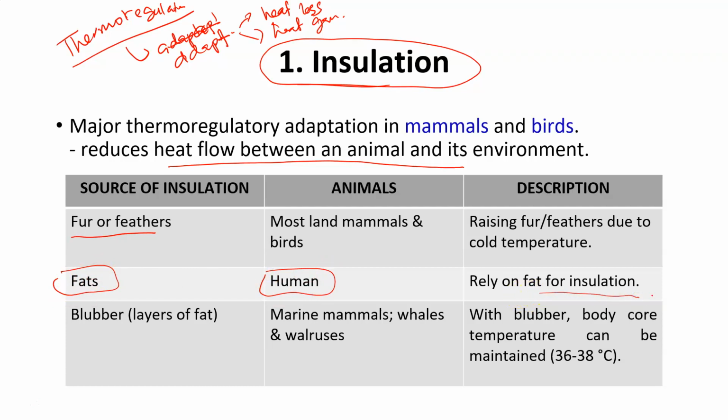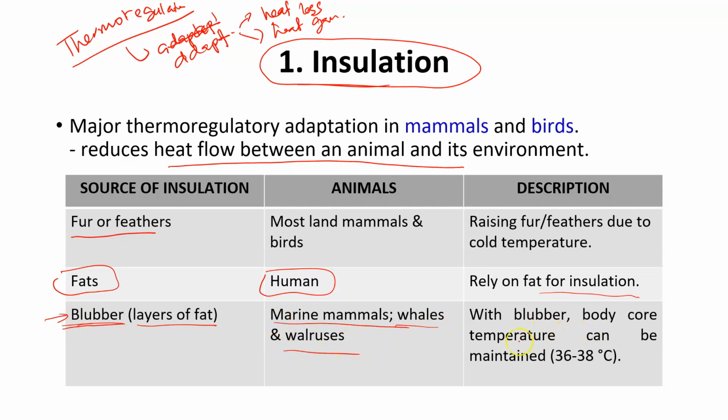And then fats, humans rely on fat for insulation. Okay, so orang yang kurus bila awak duduk kat tempat yang sejuk, awak akan rasa sejuk berbandingkan orang yang berisi sikit, dia akan rasa okey je temperature ni, macam tu. Okay, sebab dia ada that layer of fat. Okay, so and then blubber. Okay, so blubber untuk haiwan. Marine animals such as whales and also walruses.